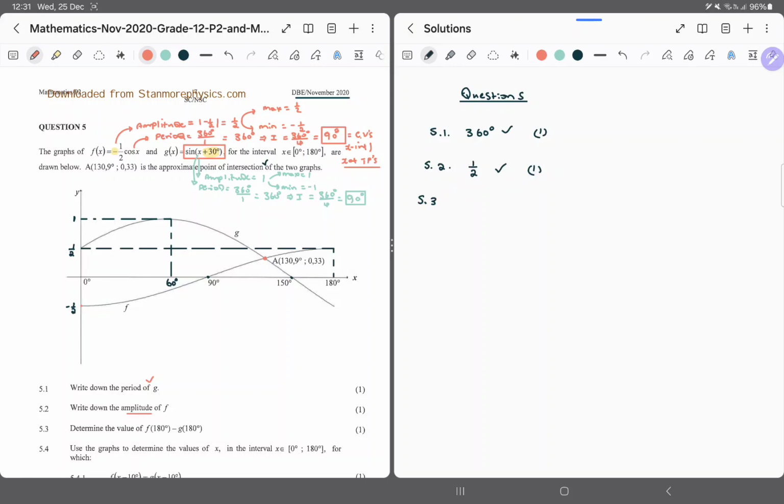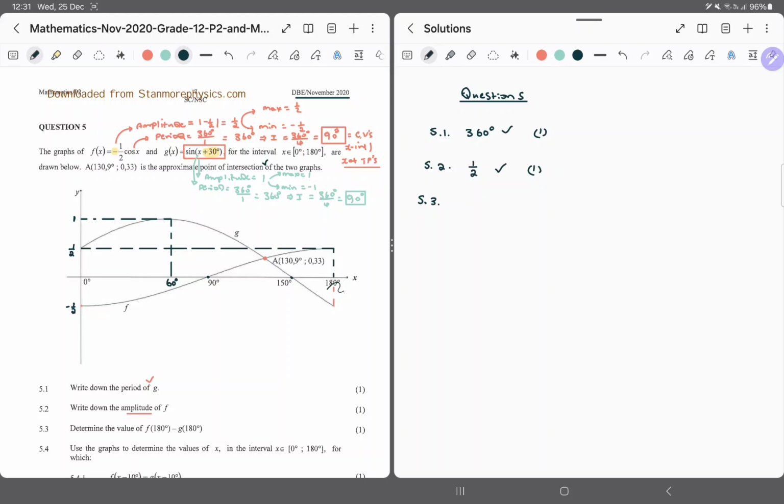Now 5.3 says determine the value of what is cooking in there. Obviously guys, f of 180 is already a half, we can see there. Now what is this here? For the g function, what would that be? Remember, at 180 we just add 30 degrees.